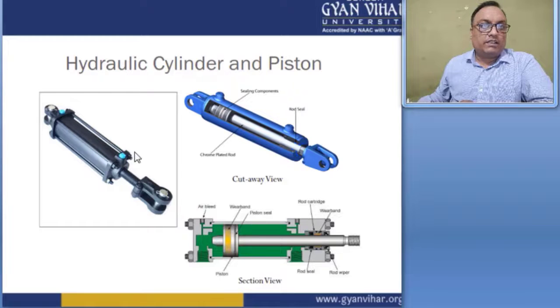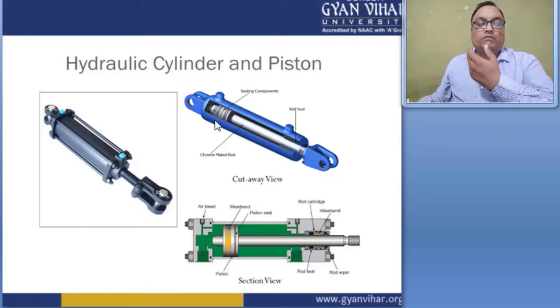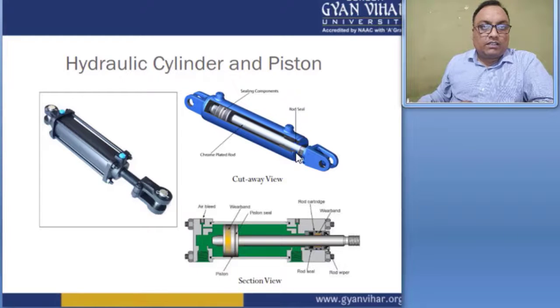This is the sealing component present here, which blocks leakage from this side to this side, this is the rod seal, and this is the chrome plated rod. This cylinder is used for the pneumatic operation.